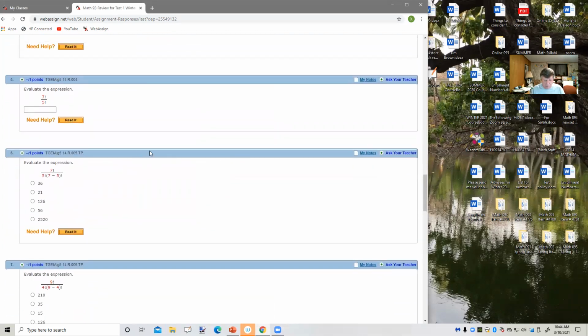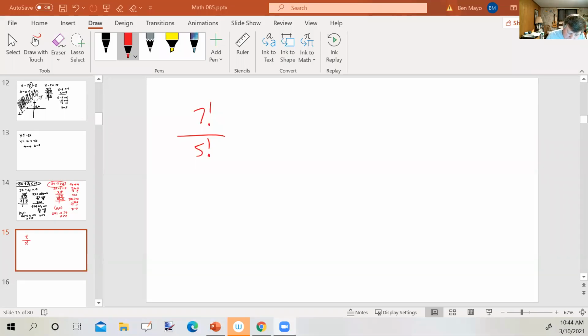This is section 14.1. Evaluate the expression, and we have factorials. Remember that exclamation point means factorial. 7 factorial over 5 factorial. Let's go back to the whiteboard. Recall 7 factorial equals 7 times 6 times 5 times 4 times 3 times 2 times 1. 5 factorial equals 5 times 4 times 3 times 2 times 1.